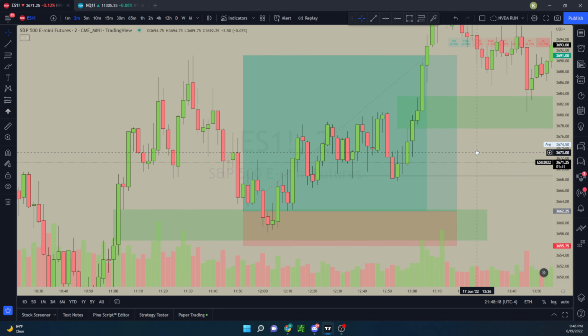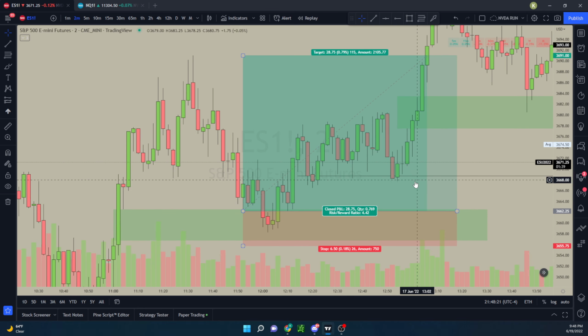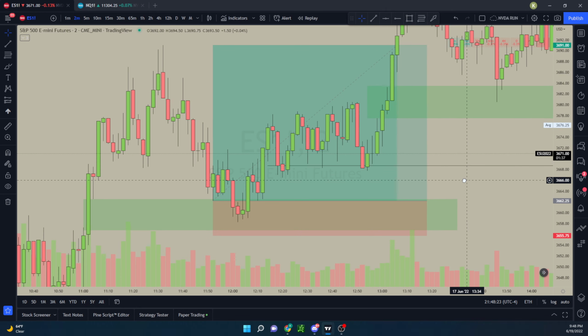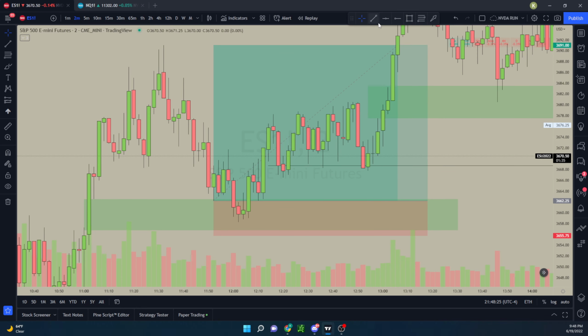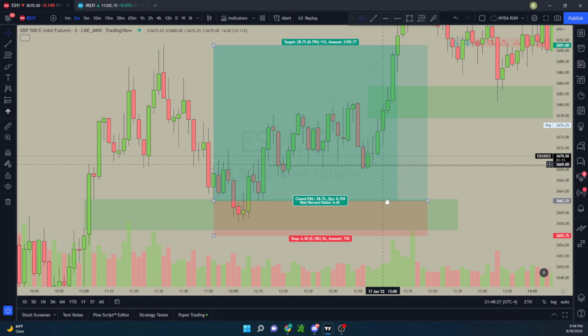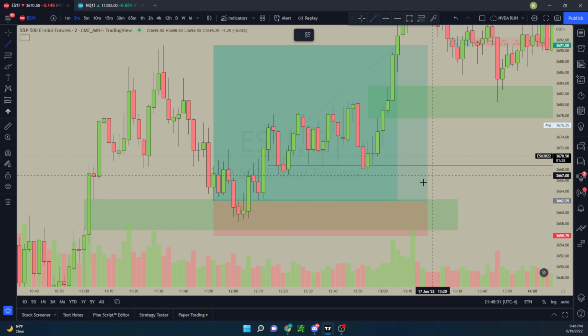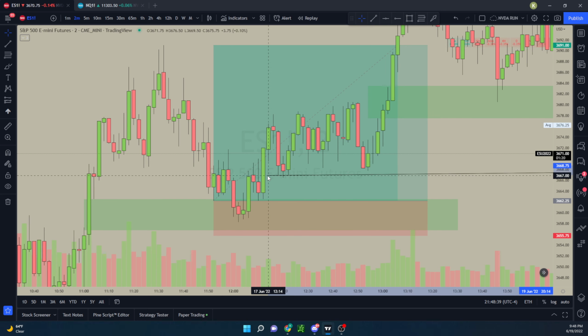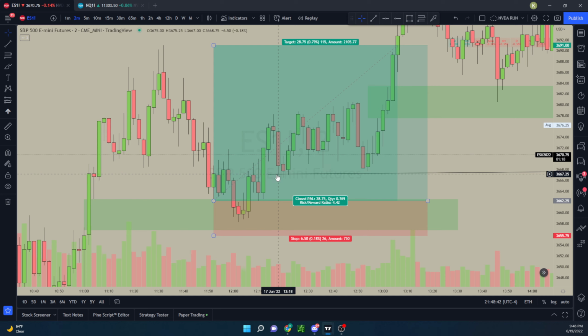And besides that, if you're using ICT concepts, it makes it that much easier, because not only do you have your stop down here below your fair value gap, which we can still bounce from, but you guys see that all these lows that we create, we are making structure right here. So this level, if you move it down a little bit, if it dropped below here, this would be your structure break, right?